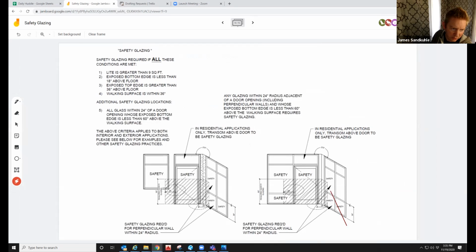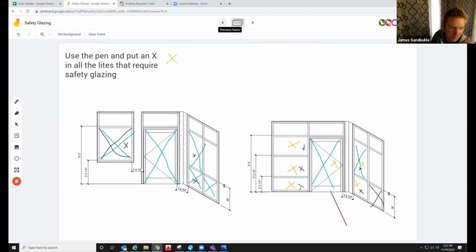So 24 inches over and 60 inches up. So anything in this danger zone would have to be safety glazed, right? So if you go back to slide 9, you'll notice this light, the bottom exposed edge, is 62.5 inches above the ground. So you do not need to temper that piece there.